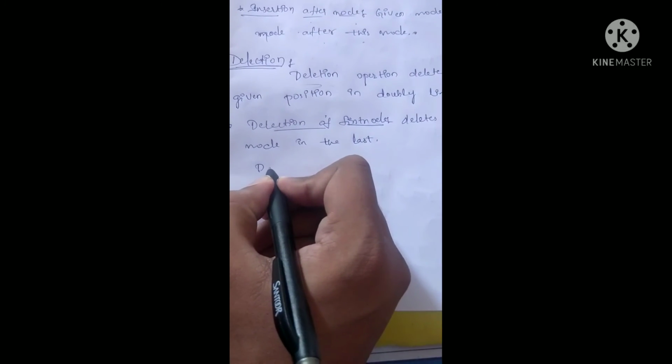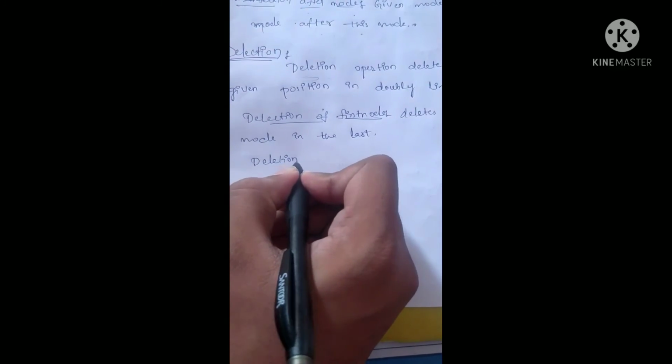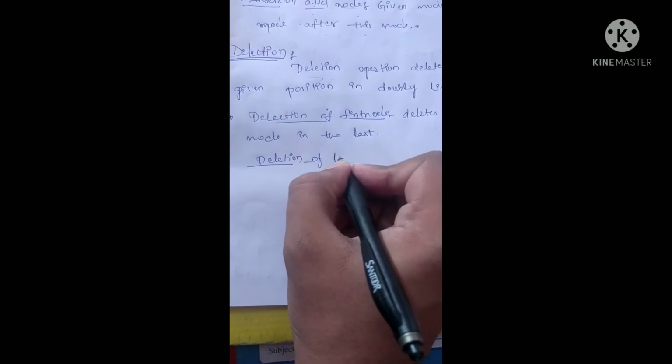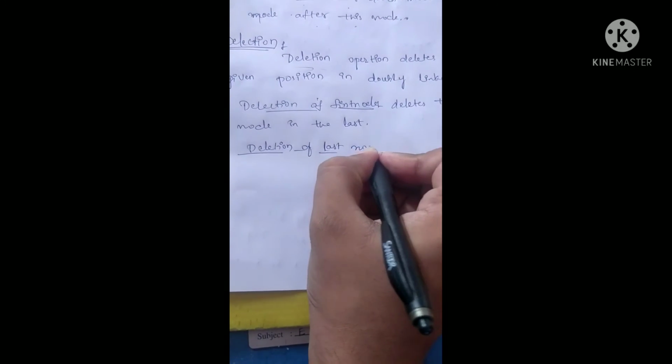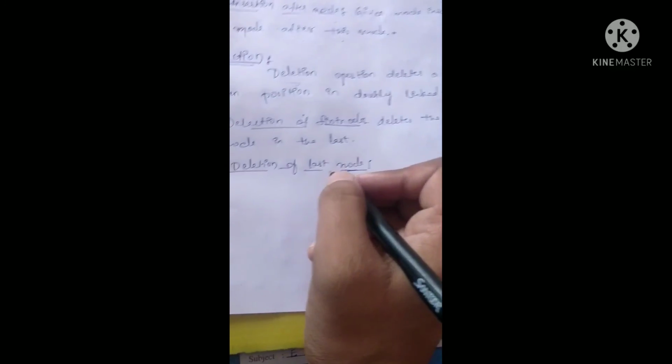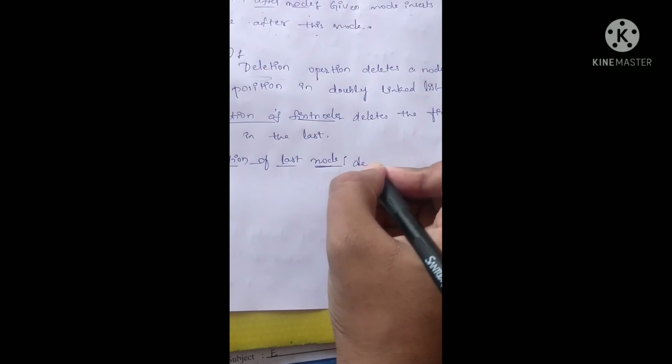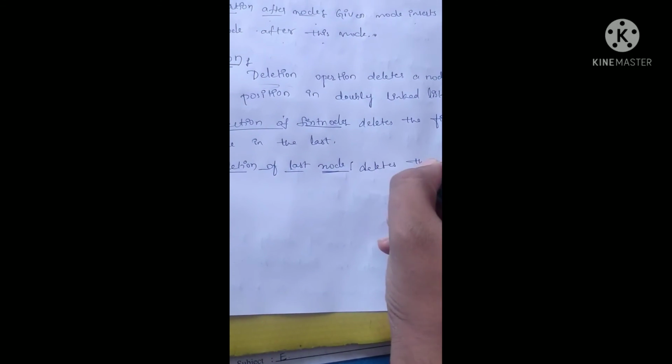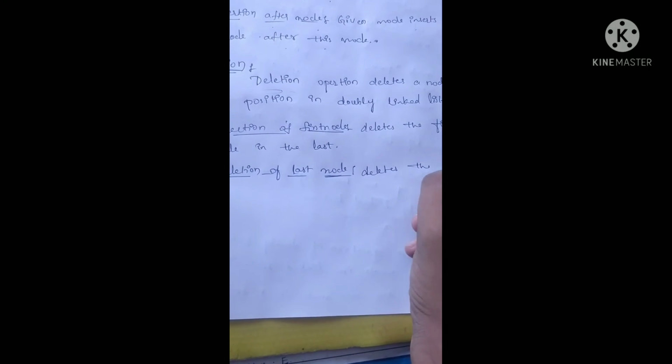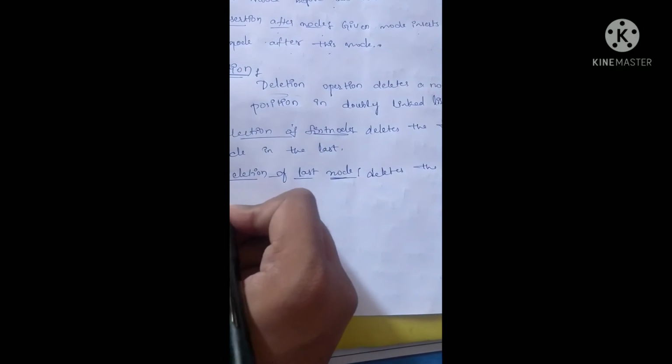Deletion of last node: how will it take place? It deletes the last node in the list.